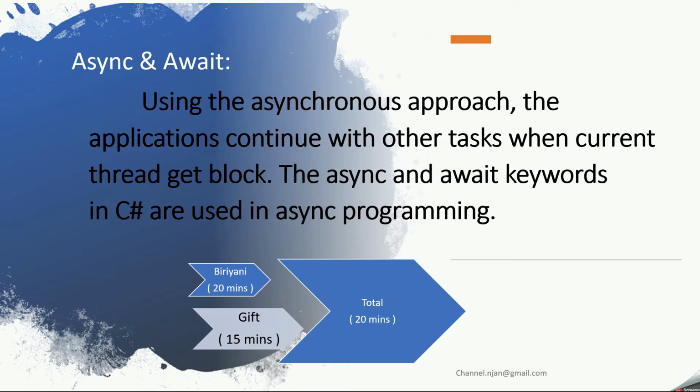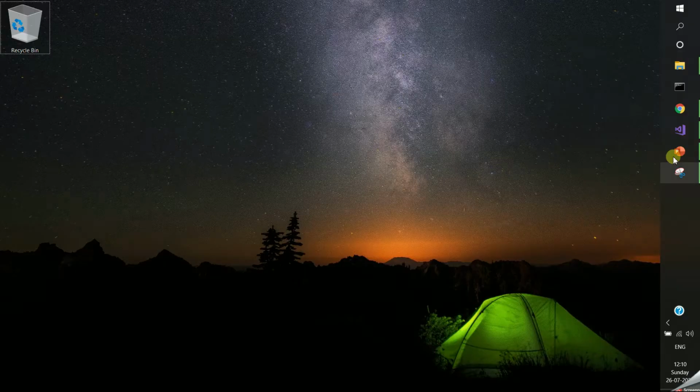For example, our thread is waiting for an HTML response, like when we call some API and hold for the response, or we are waiting for user input, or our code has some manual delay. At those times our thread is just idle. In that case we can go with an asynchronous process, so our application will be faster. You got it? Okay.